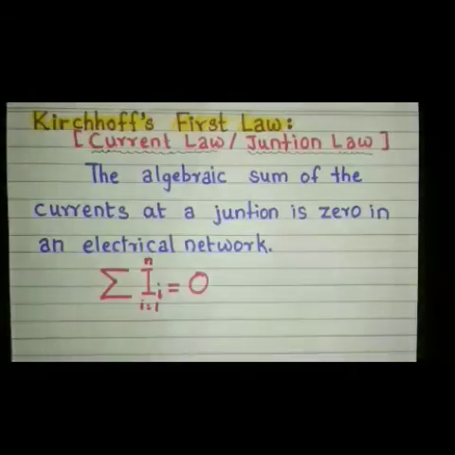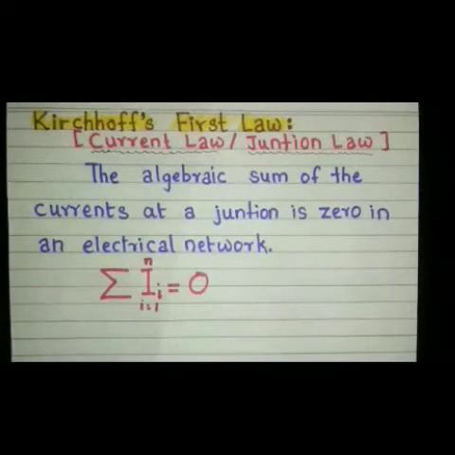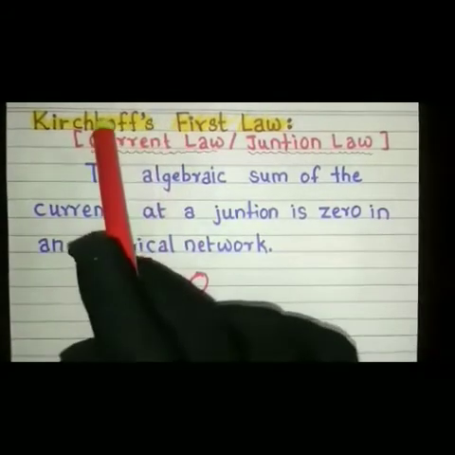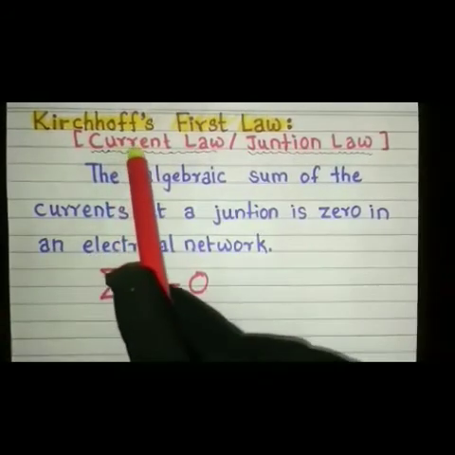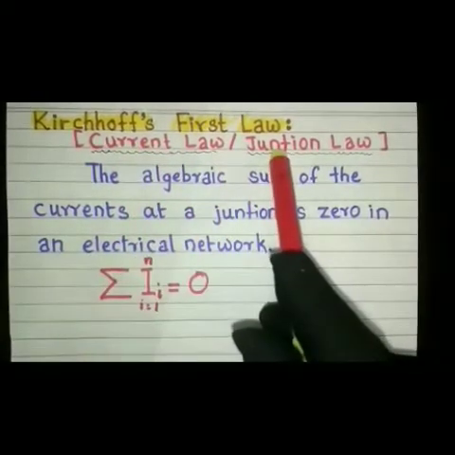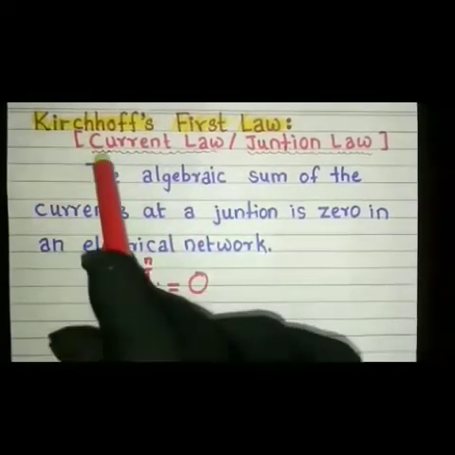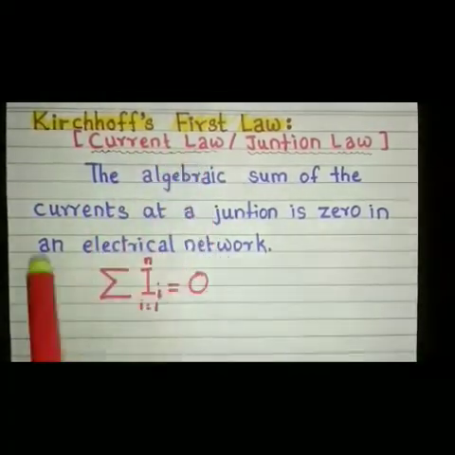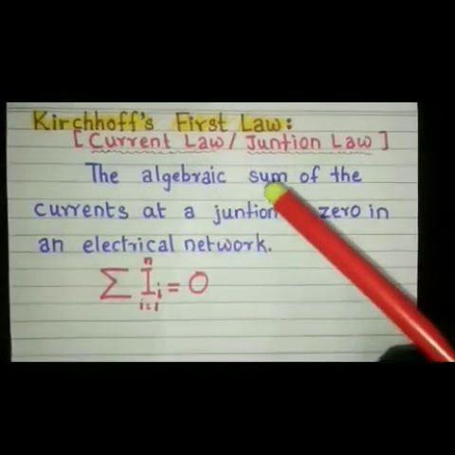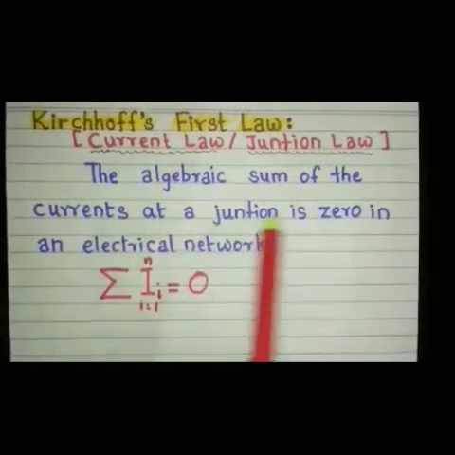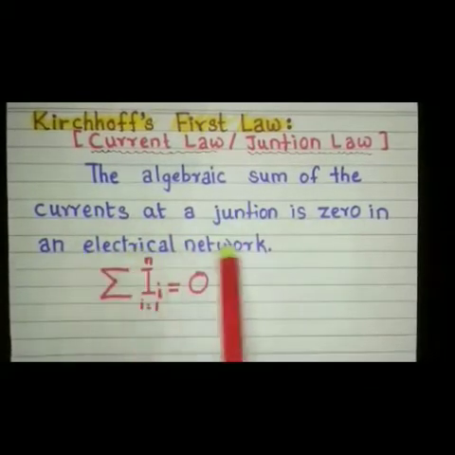After defining the terms junction, loop, and branch, let's discuss Kirchhoff's first law. Kirchhoff's first law is also called the current law or junction law. In short, you can write KCL, that is Kirchhoff's current law. Kirchhoff's current law, or junction law, states that the algebraic sum of the currents at a junction is 0 in an electrical network.